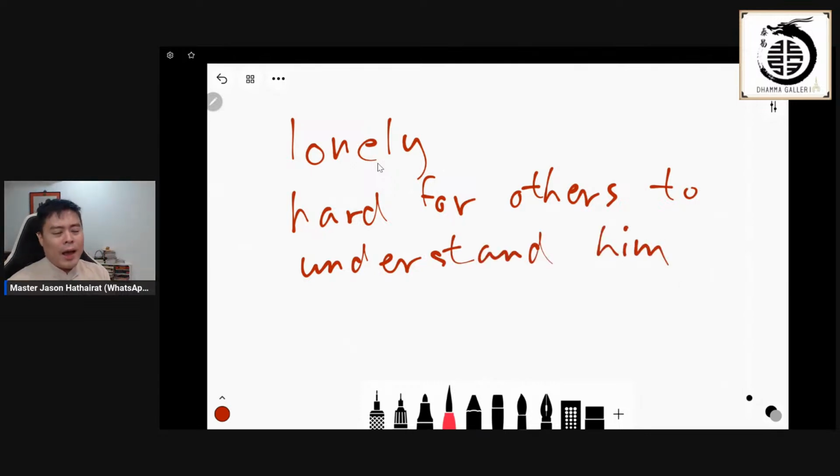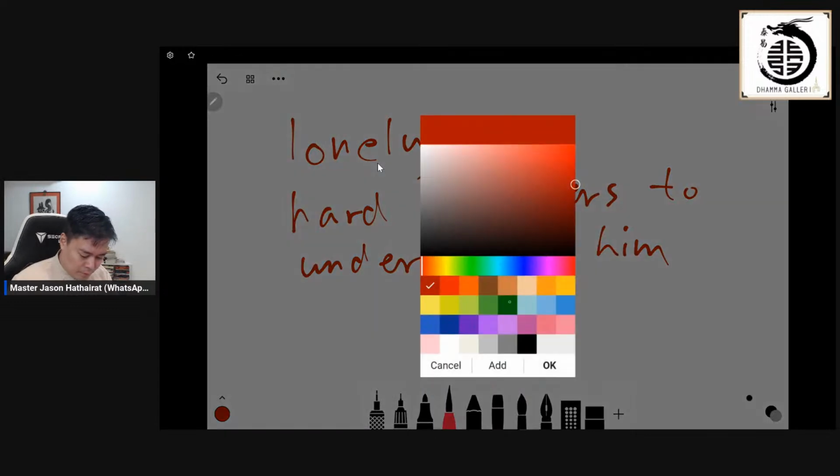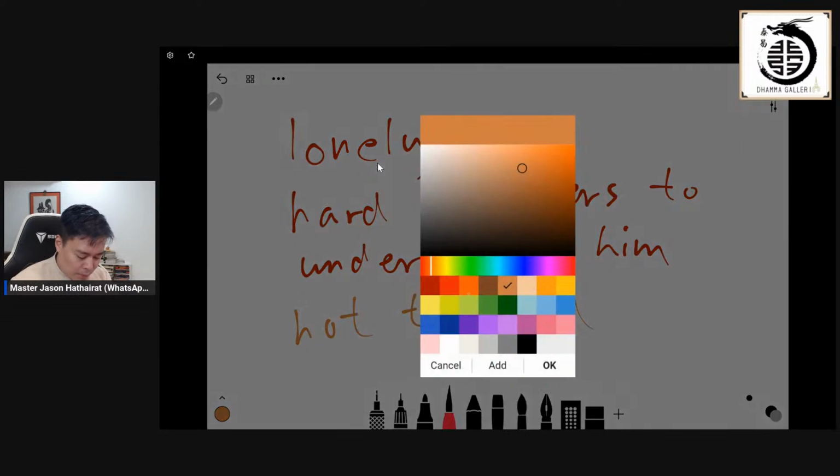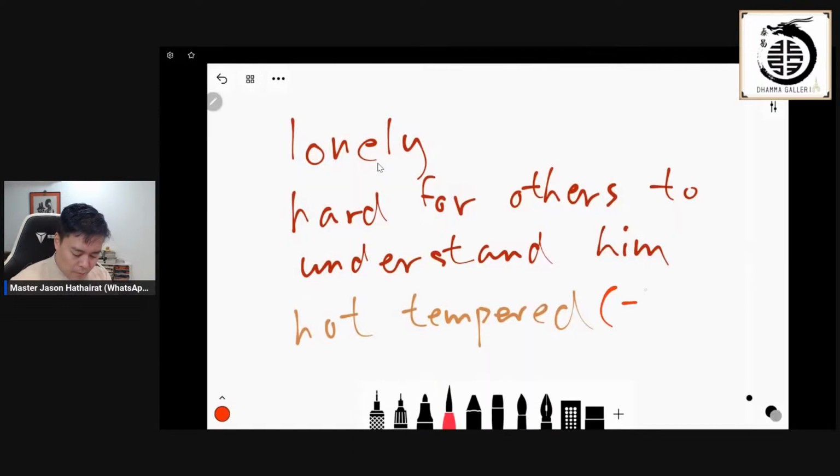And in a way, this person can also be hot-tempered, because Hua Quan is of the fire element. You remember that? So some of the things that we can interpret from such a chart formation. I guess quite enough already.